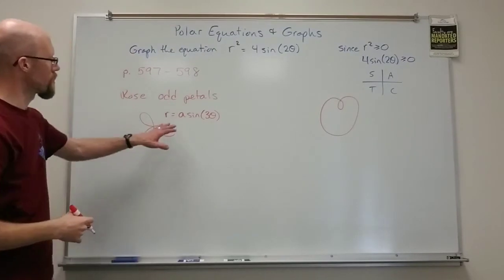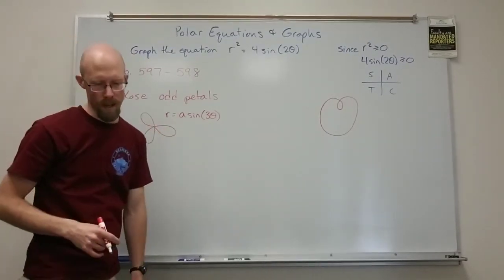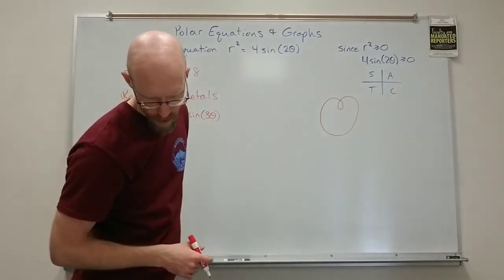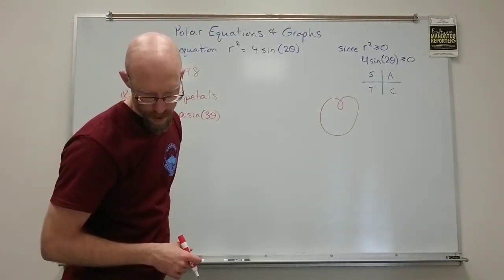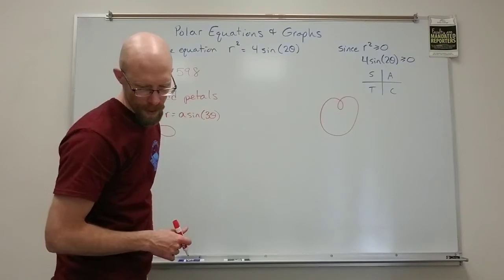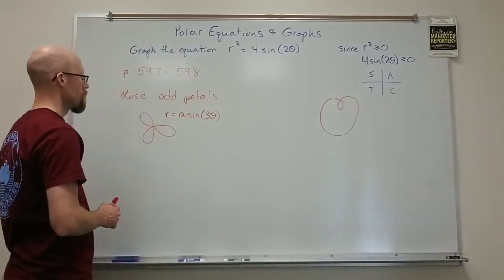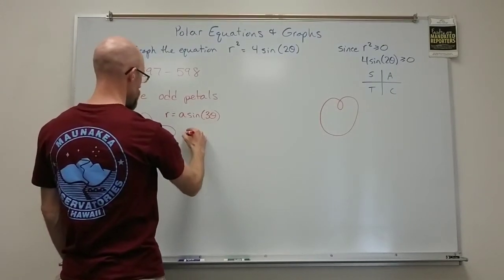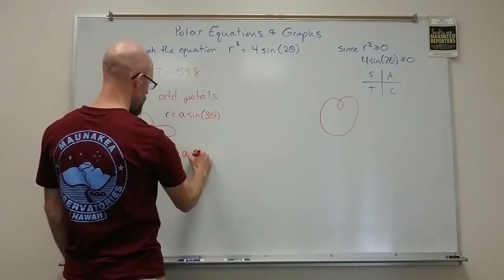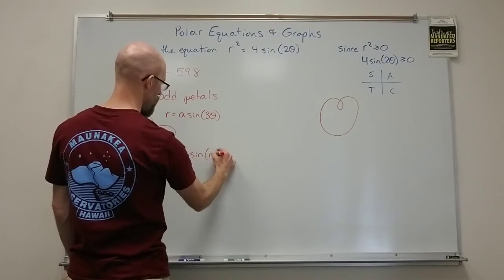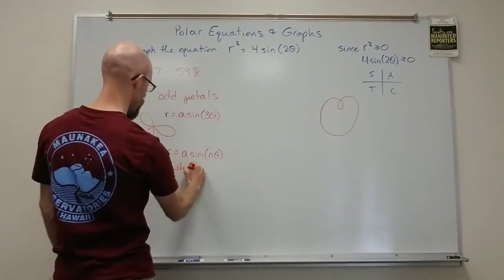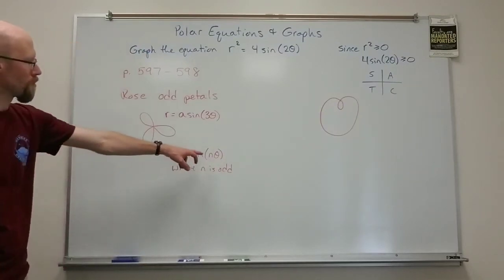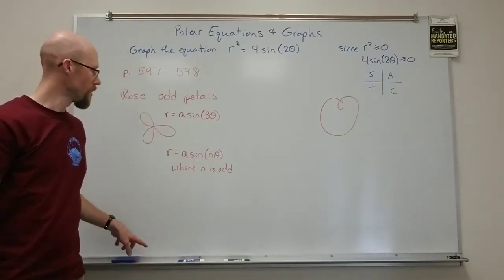So it looks a little bit similar to the lemniscate formula, but different, obviously. It's got the 3 in there, and it doesn't have squared terms. Basically, if you want an odd number of petals, it would be R equals a sine of n theta, where n is odd. Okay, and then the number of petals matches that coefficient.